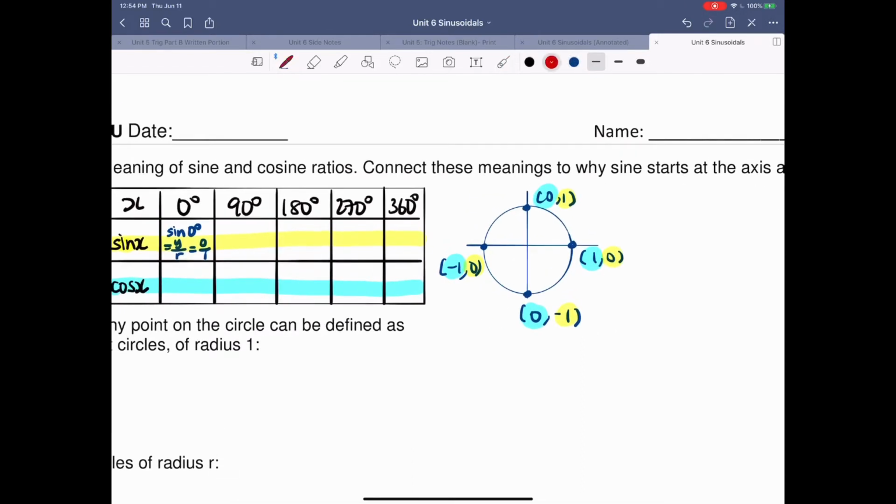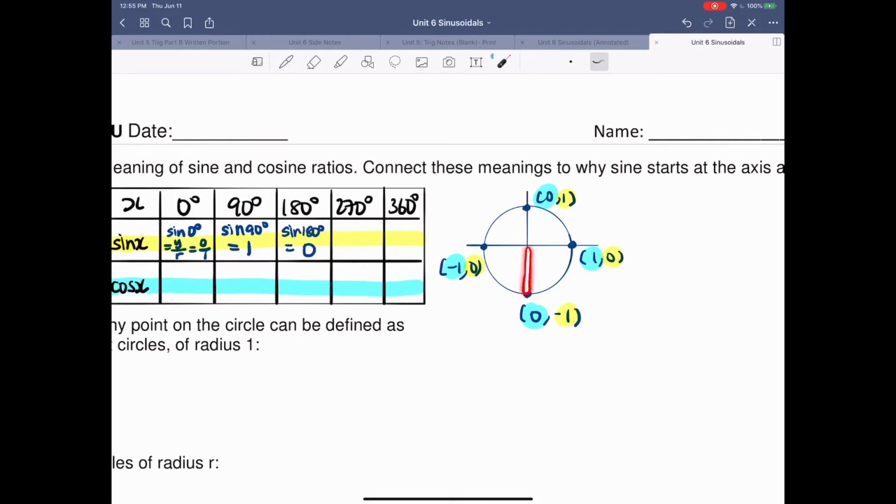For sine 90, I have an angle right there, and that y value is equal to 1. Sine 180 is over here. That's the y value, so I'm going to get sine 180 is equal to 0.